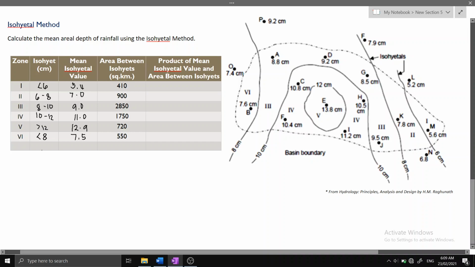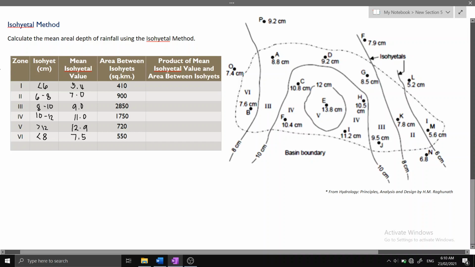But in this example, 7.5 is obtained by averaging rain gauges O and B.